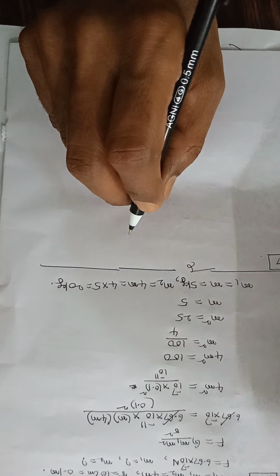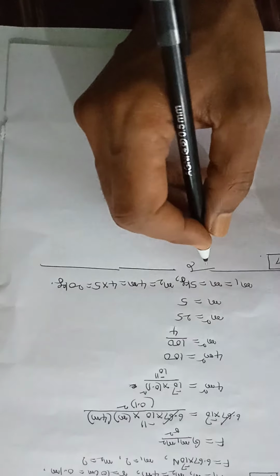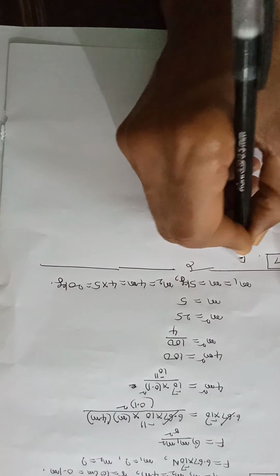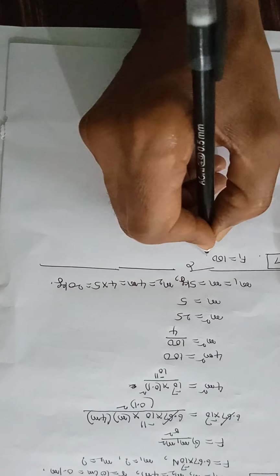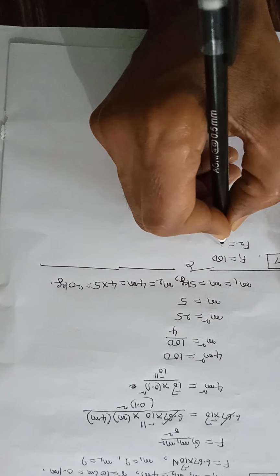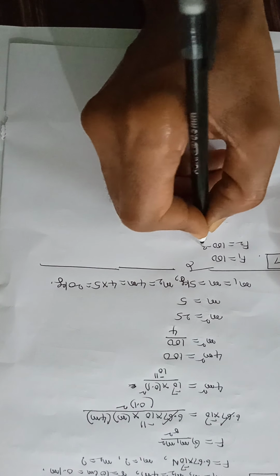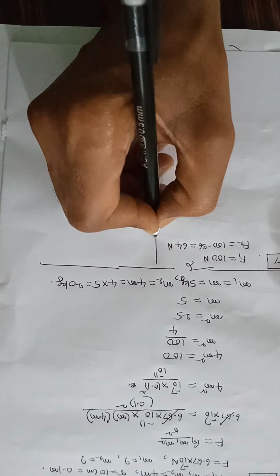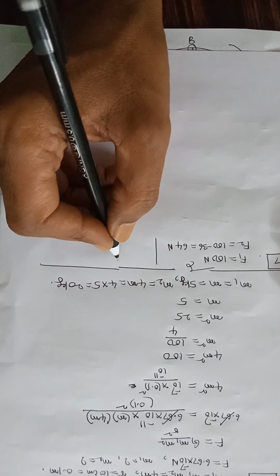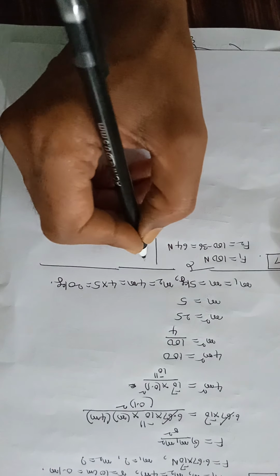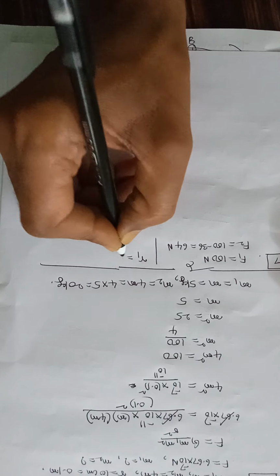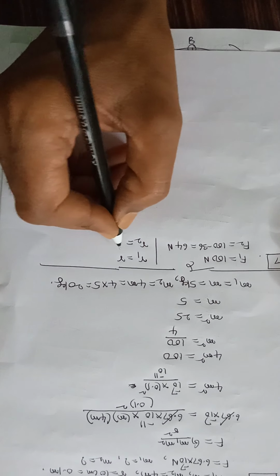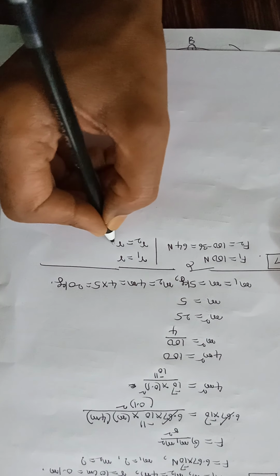Now let us solve seventh problem. The gravitational force of attraction between two objects decreases by 36%. That means what? If F1 is 100, F2 will be 100 minus 36, that is 64 newtons. When the distance between them is increased by 4 meters, it means initially the distance is suppose r, and now the second distance is increased by 4 meters.